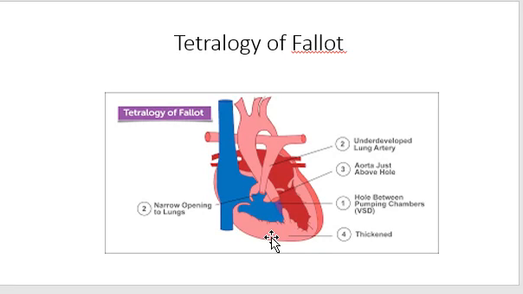So if you have pulmonary stenosis, it decreases blood flow to the lungs, and consequently the amount of oxygenated blood that returns to the left side of the heart. Depending on the position of the aorta, blood from both ventricles may end up distributed systemically.